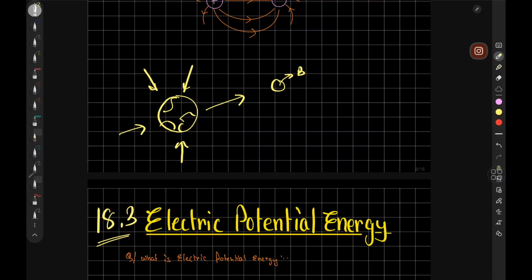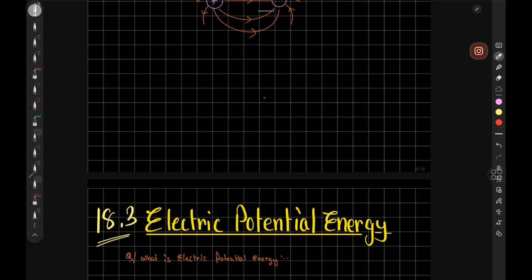Why? Because the field lines are always inwards, meaning they are attractive forces. If there is any object placed over here, this will feel a force that is towards the center of the Earth. And these are, as I said, attractive forces.